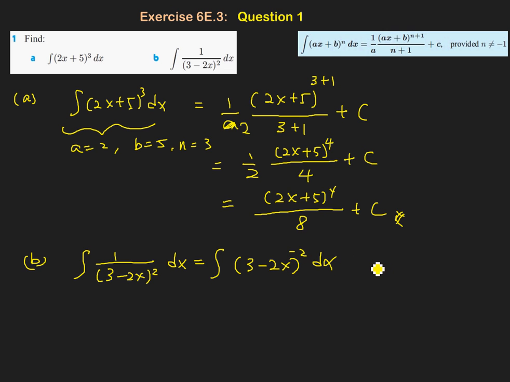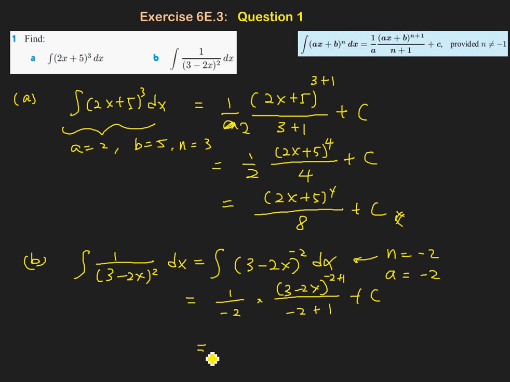Immediately you see that you can apply this formula where n is -2, and your A is also -2 incidentally right here. So there you have it, 1 over A, or 1 over -2, times 2x minus 2 plus 1. Do not forget the C.